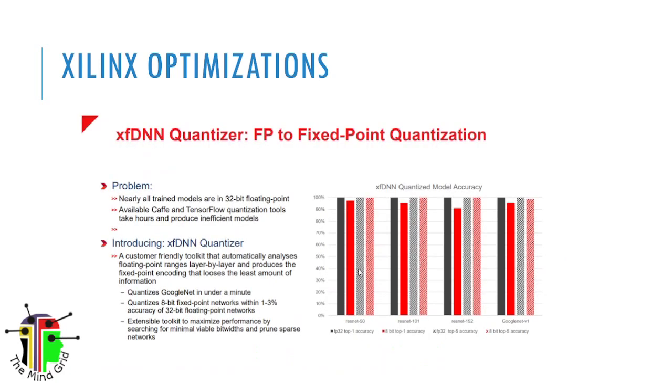So those are some of the interesting things. Now, here's an example of where Xilinx is claiming the efficiency of their xfDNN quantizer. For example, GoogleNet was quantized in under a minute, and the 8-bit fixed point version of the network runs within 1 to 3% accuracy of a 32-bit floating point network. So this is fantastic news for us, because now we don't have to use floating point.